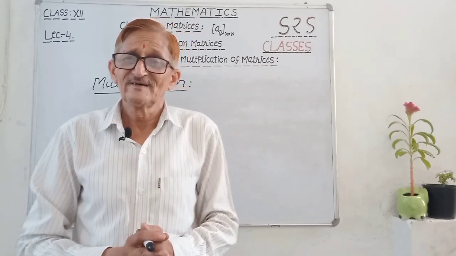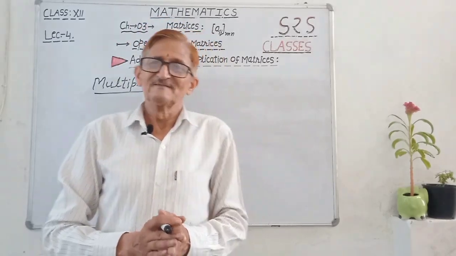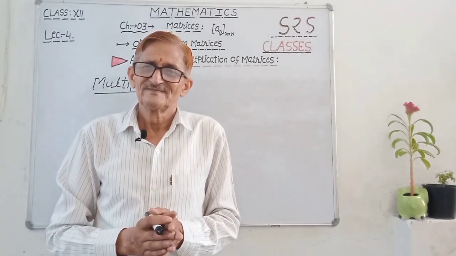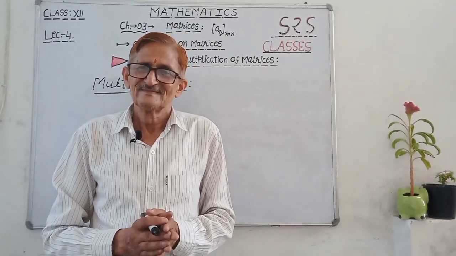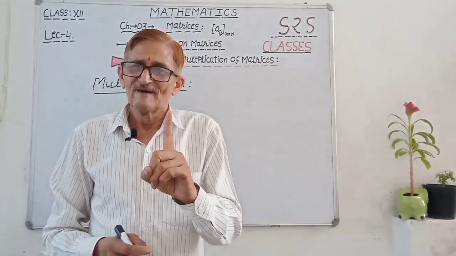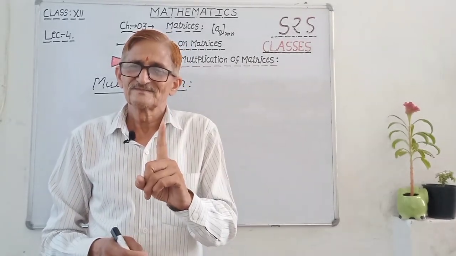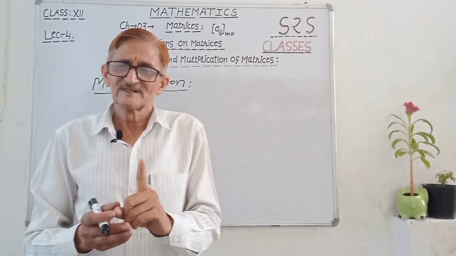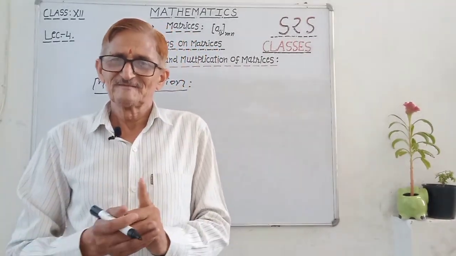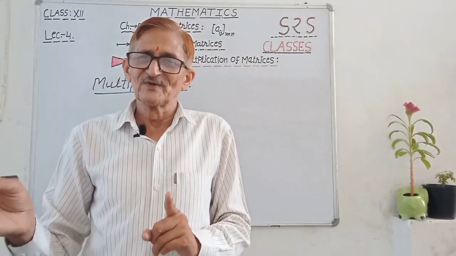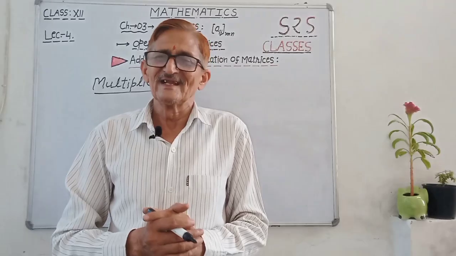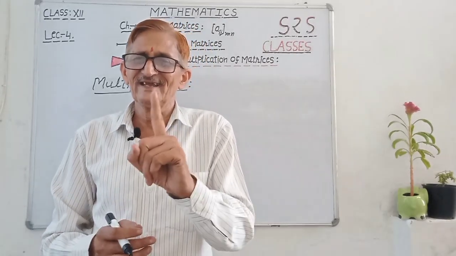So here in the multiplication, what is the rule of multiplication? First, number of columns of the first must be equal to number of rows of the second. Understand again.